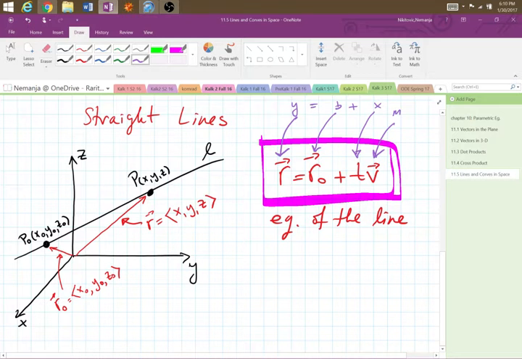I'm going to erase that eventually, but the form of the line remains the same. Never mind if you are in the 2D space, 3D space, 10D space. A line is a line, the simplest creature in whatever dimensions you have. And this is a vector equation where this r can take any number of dimensions.